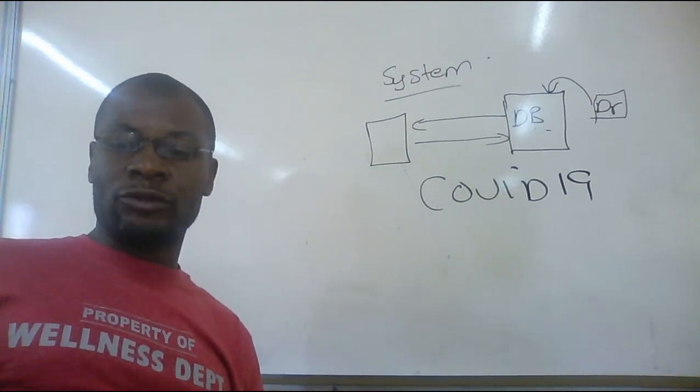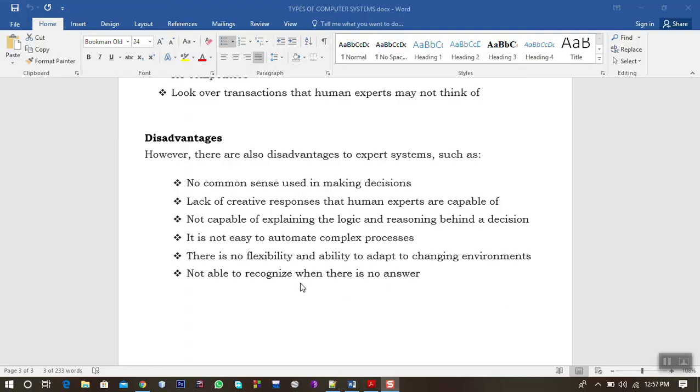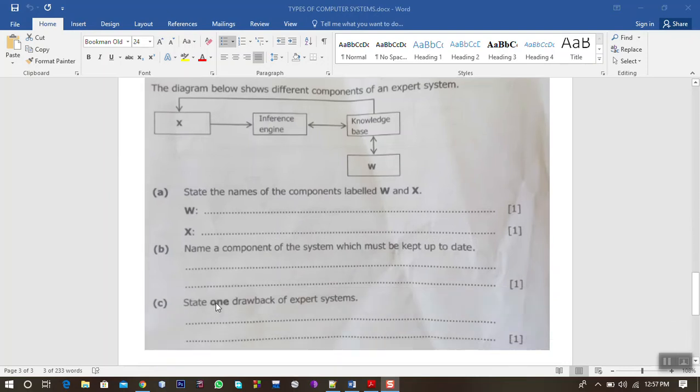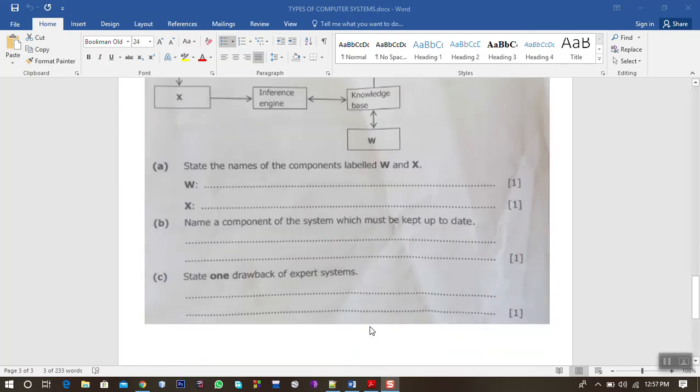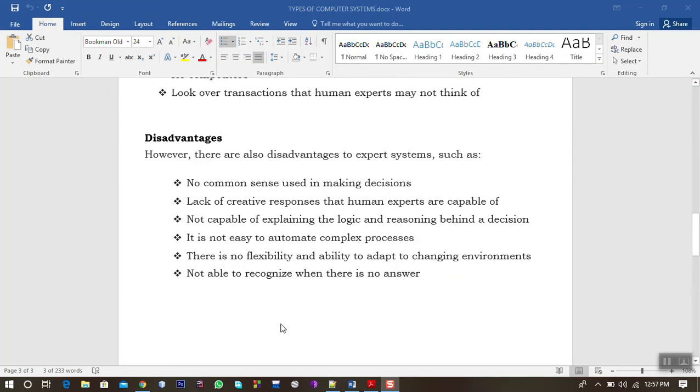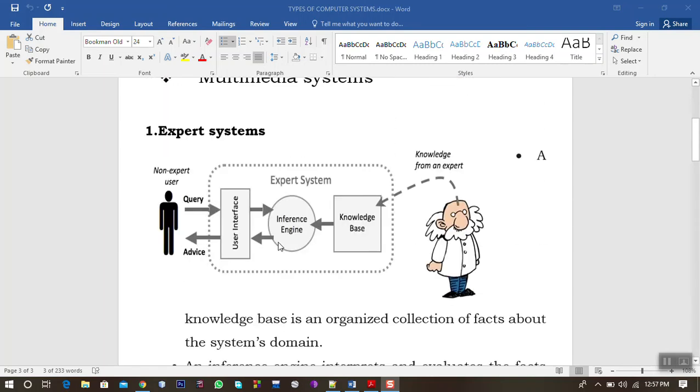So that is one drawback of a system: it lacks creativity. It can only work under the controlled program. Then the other disadvantages that you can put and can be acceptable from this question's point of view are any of these. And I'm sure that any question about the expert system will no longer be very difficult.